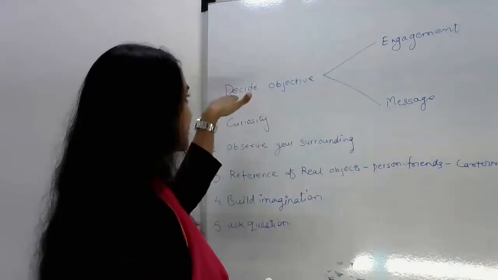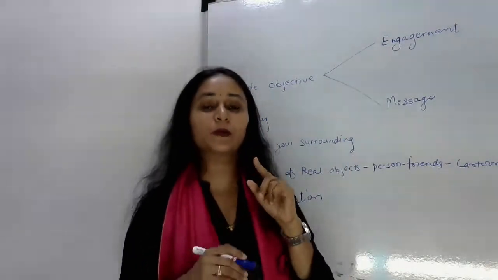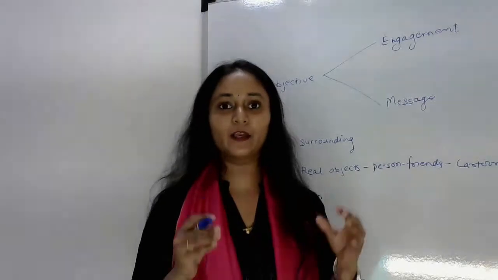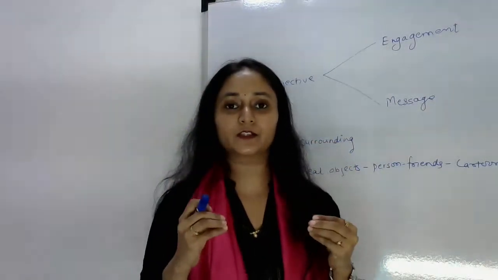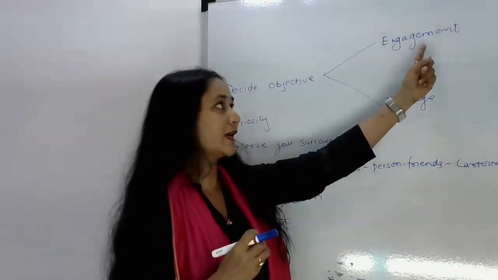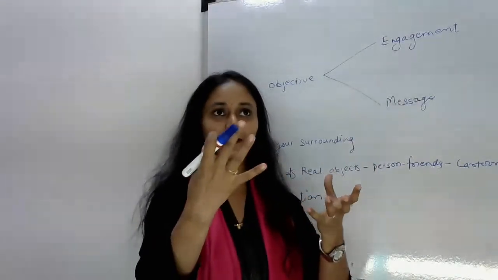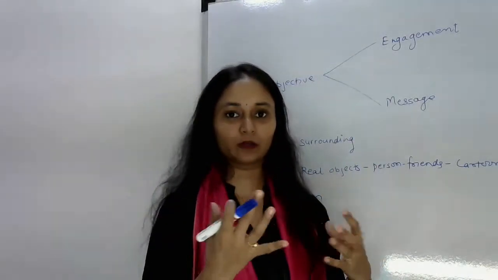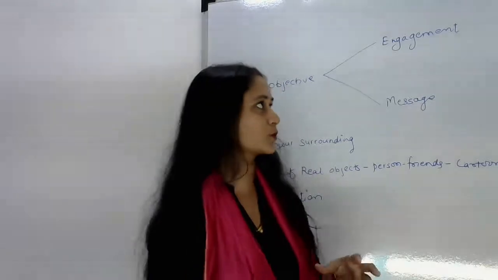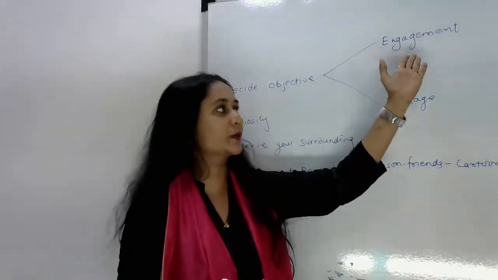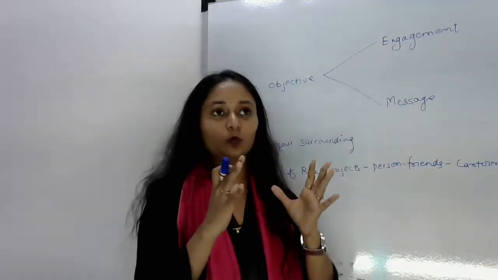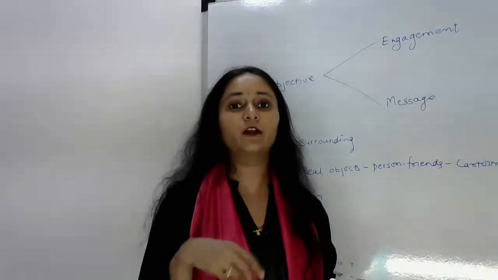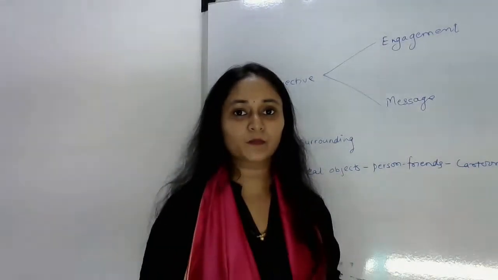So let's move on. Decide the objective first. Before starting storytelling, you need to have an intention. Your objective must be clear. Either it is engaging, if your child is around 4, 5 years old or below 8 years old. You just need to engage them while feeding or while doing any activity.